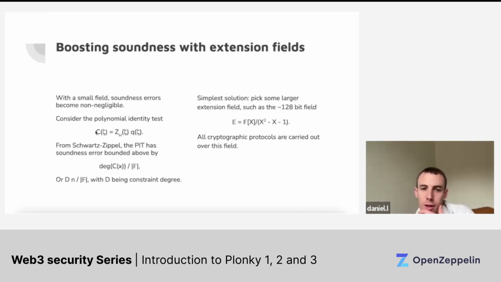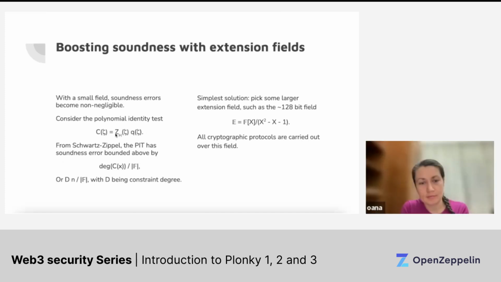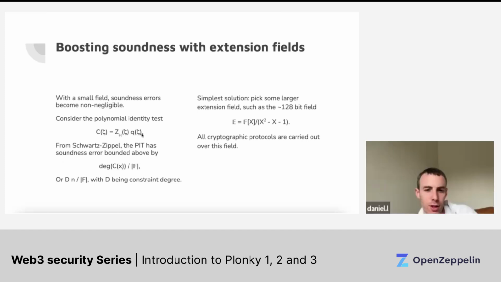So thinking back to that polynomial identity test, the verifier checks this identity at a random point zeta, and the right-hand side is the easy side to evaluate at zeta. Z is this vanishing polynomial that has a very succinct representation, and Q is basically a single polynomial sent by the prover.